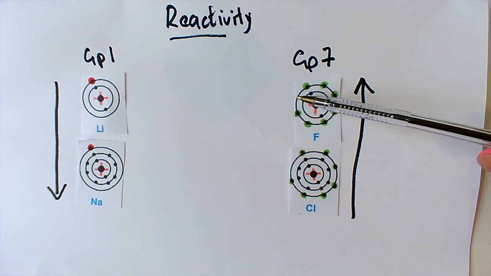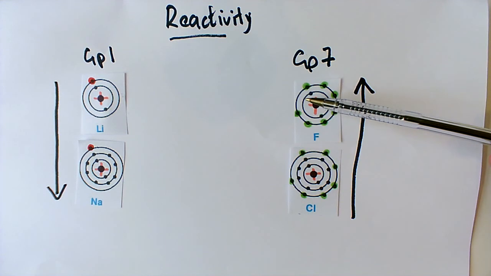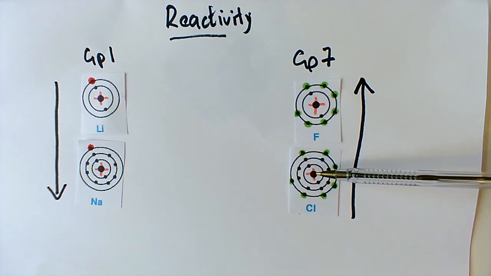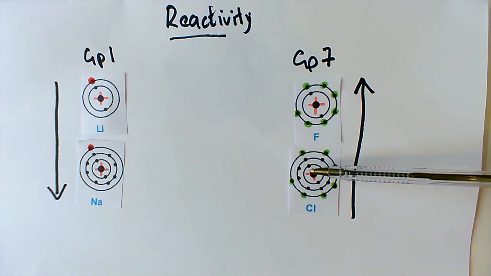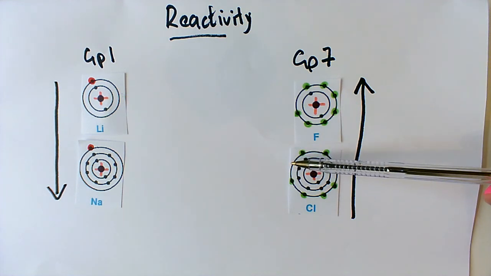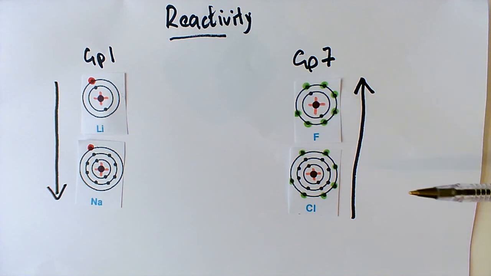So the electrostatic attraction is much greater here because this empty space is nearer to the nucleus. Whereas if you look at chlorine, the empty space is much further away, so the electrostatic force between the nucleus and this position is much less, so it's actually less attractive to an electron than this position is. Fluorine has a greater attraction to the electrons, so it's more reactive.